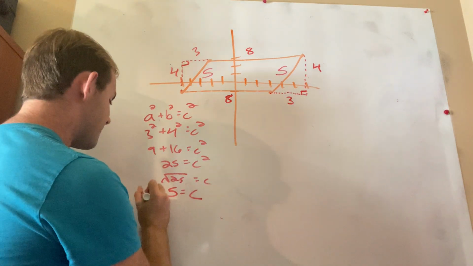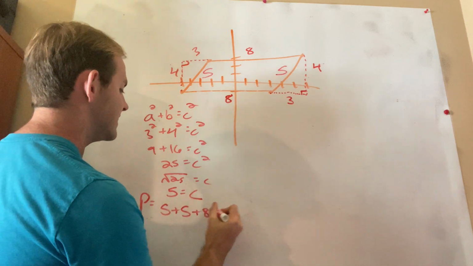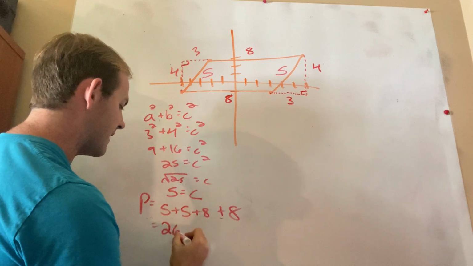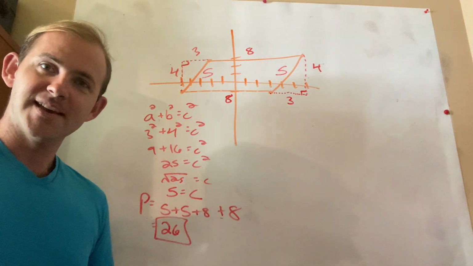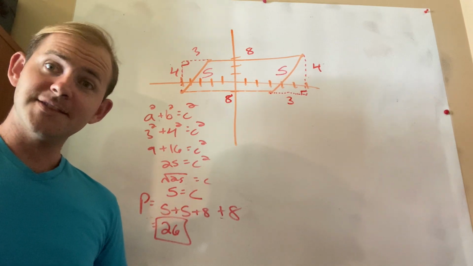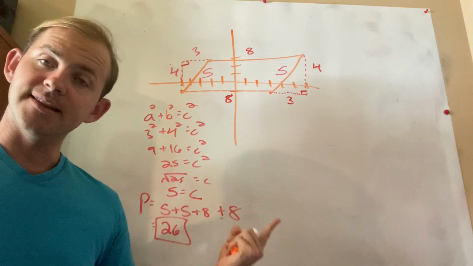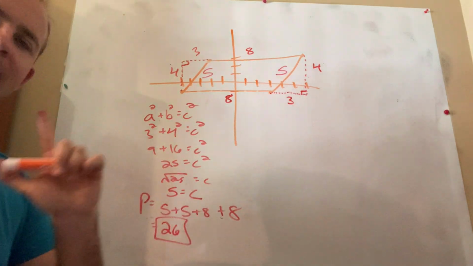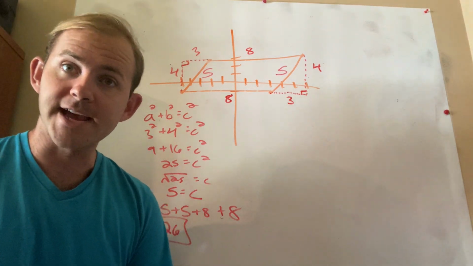So I could say that my perimeter is 5 plus 8 plus 8, 10, 16, and that means my perimeter is 26 units. All right, so for this particular example, it wasn't that bad at all. A little bit of Pythagorean Theorem to find the slanted side lengths, but for the flat ones, I was able to just count.